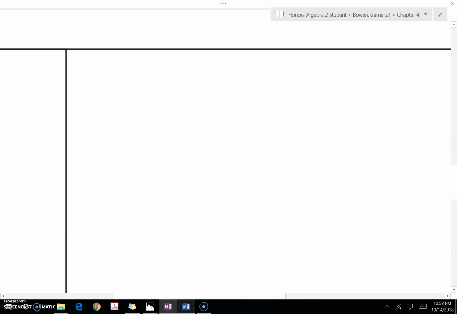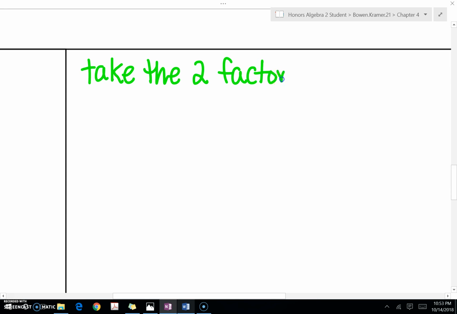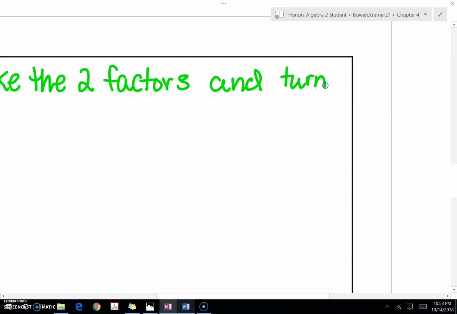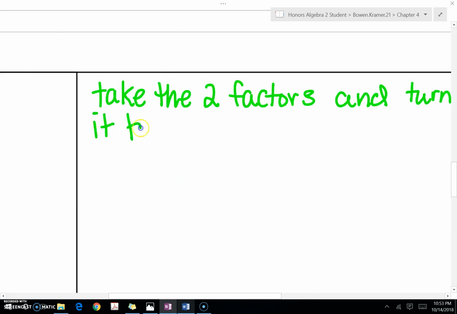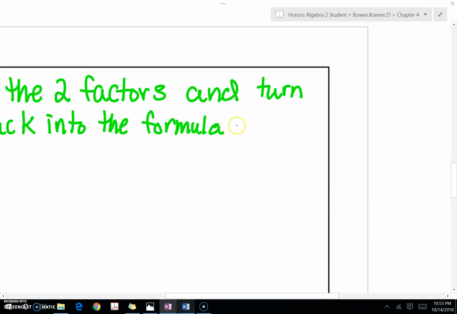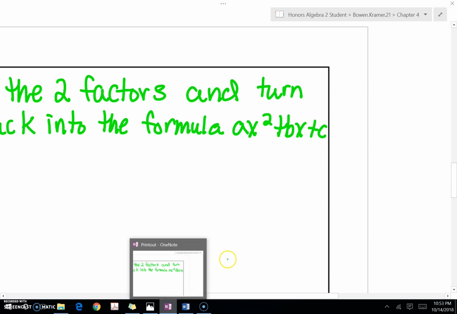So we're going to take the two factors and turn them back into the equation, the formula, ax squared plus bx plus c, using FOIL, which is very important.